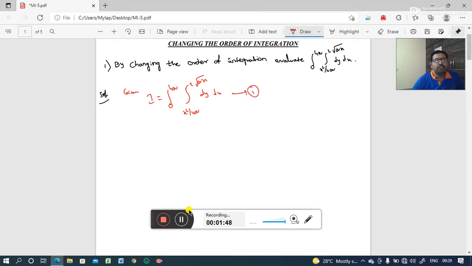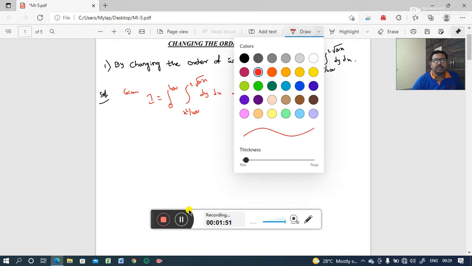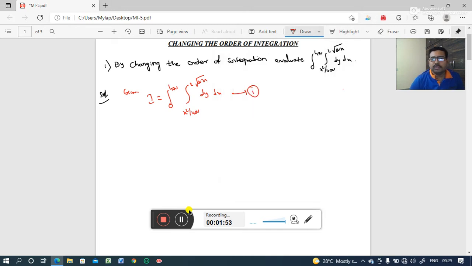Take it as equation 1. Here the given problem contains the limits 0 to 4a and x square by 4a to 2 into square root of ax. So your innermost integral has the limits of y, because they are in terms of x, these are y limits. Then of course 0 to 4a acts as the x limits.